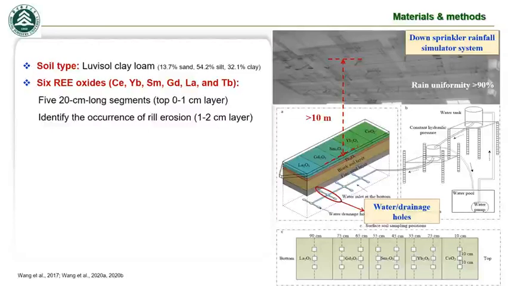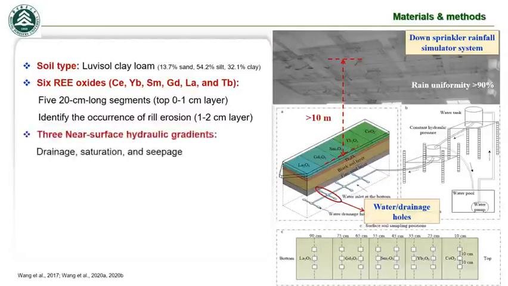The REE oxides were placed in different slope segments and layers. The top 1 cm layer of the interrill erosion pan was primarily used to track interrill erosion and identify the potential sediment sources. The underlying 1 to 2 cm was mixed with TB to identify the occurrence of rill erosion.